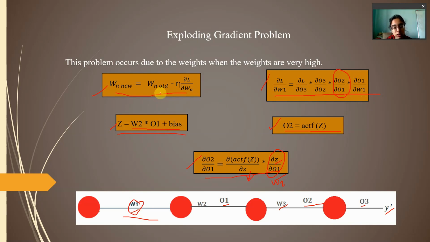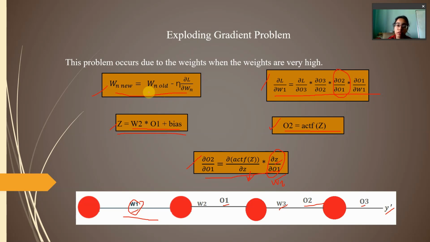So we are basically subtracting a large number from a small number. If we do that, what will be the result? It will result in a very negative number.